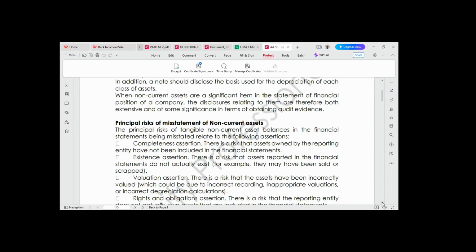Now, there are some assets that are either leased or owned. If it's borrowed or leased, the value you're going to have in your non-current assets will be the value that you pay for the usage of that asset, because an asset is anything that you use to generate economic benefits.